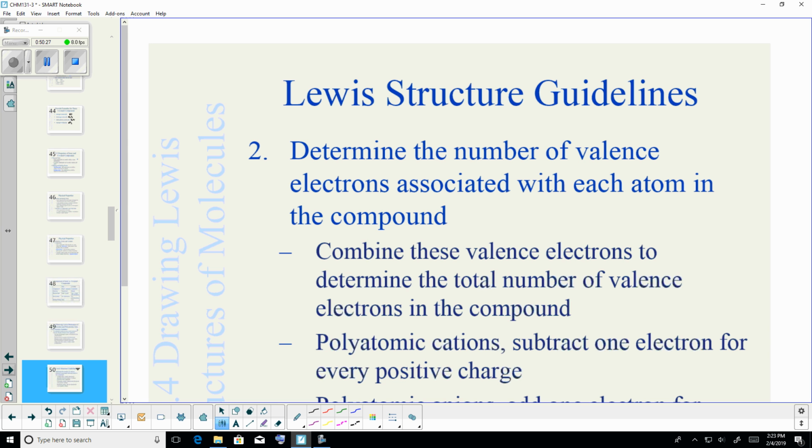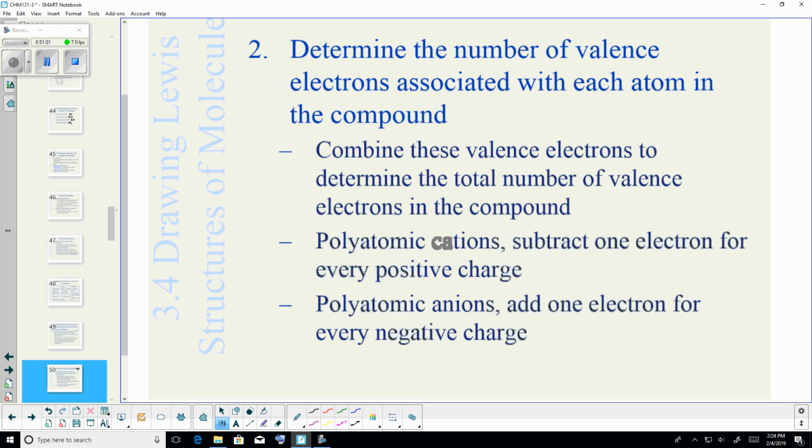So I'm going to write these down on the board if I can find it. So number one, determine the total number of valence electrons. Okay? For polyatomic cations, you subtract 1 electron for each positive charge. For polyatomic anions, you add 1 electron for each negative charge.